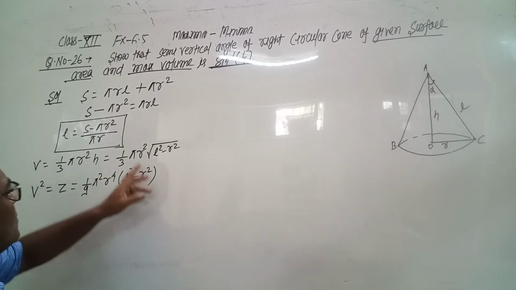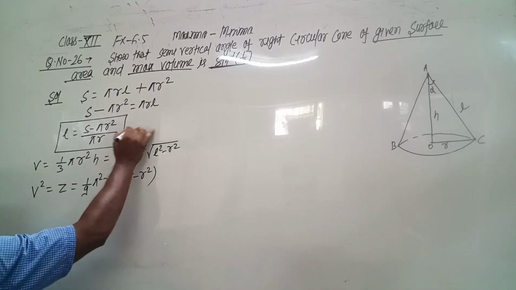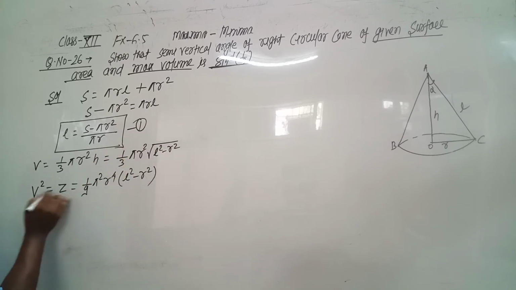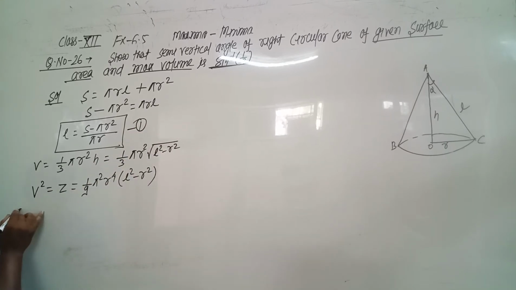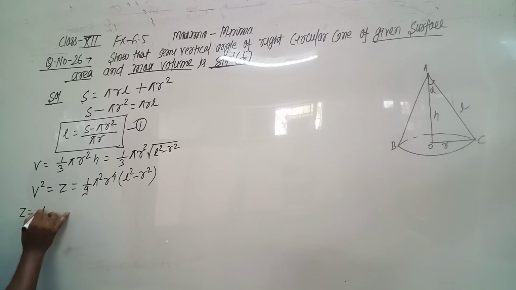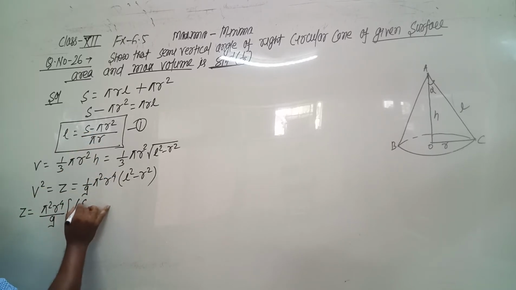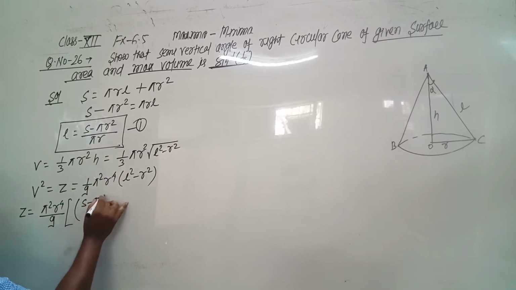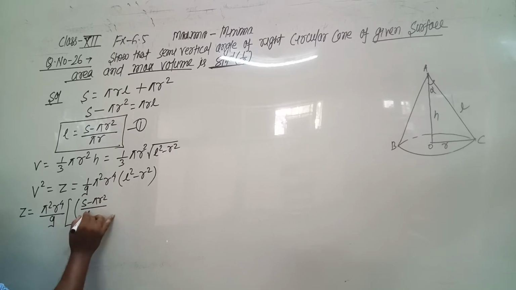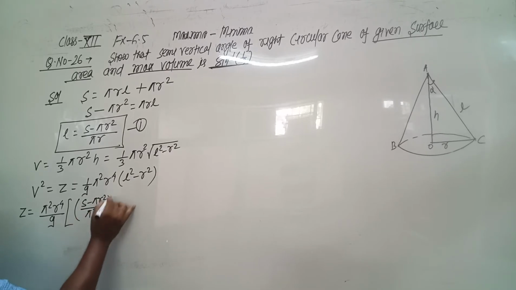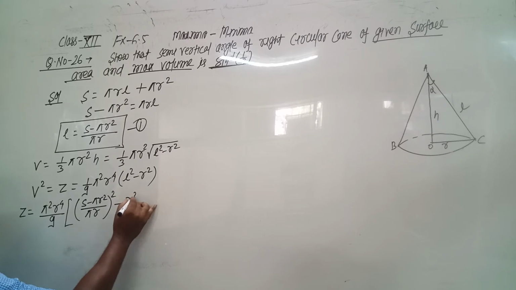Now we put the value of L from before: Z equals pi square r to the power 4 upon 9 into ((S minus pi r square) upon pi r) the whole square minus r square.